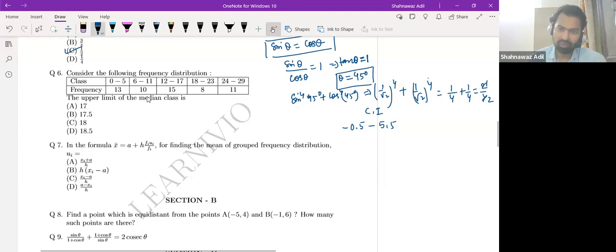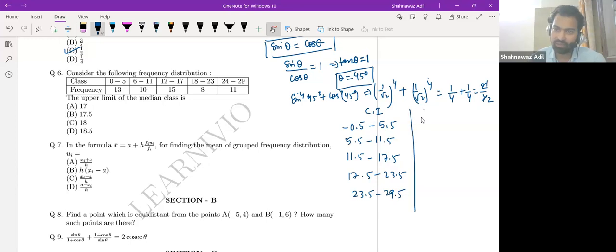So 5.5, 5.5, and then 11.5, 11.5, and then 17.5, 17.5, and 23.5, and 23.5, 29.5. This is the class interval. This is the frequency, right?